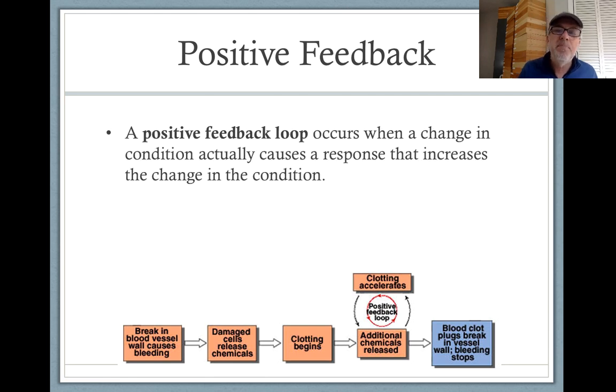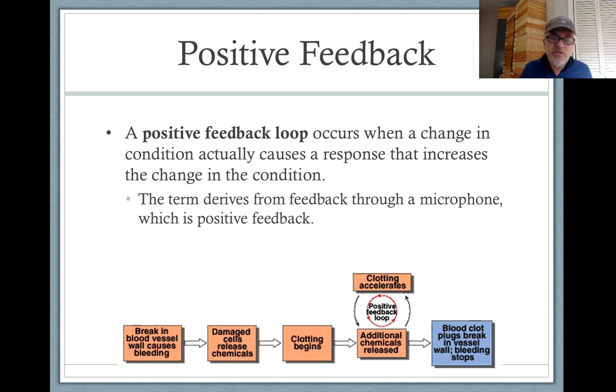Here's a positive feedback loop. A positive feedback loop occurs when a change in condition actually causes a response that increases the change in the condition. This term is called positive feedback because it derives from the microphone next to a speaker effect where you get that horrifically loud, ear-piercing screech.